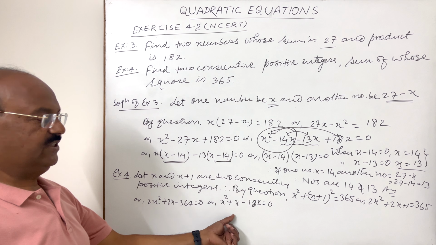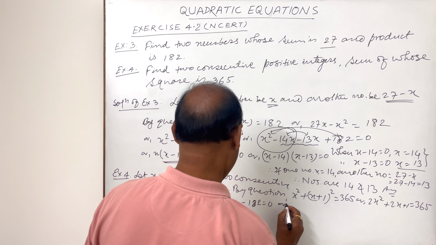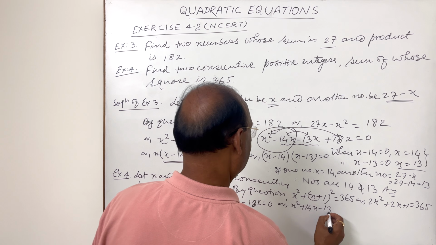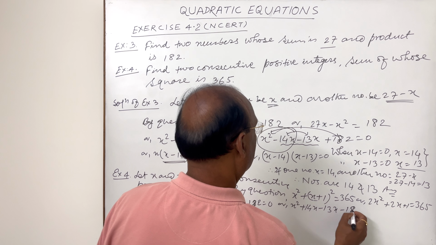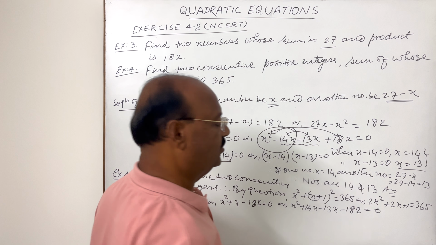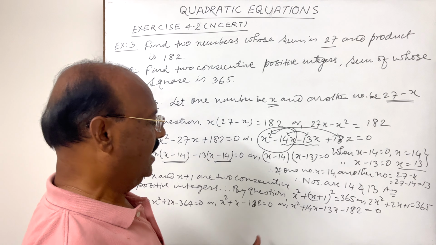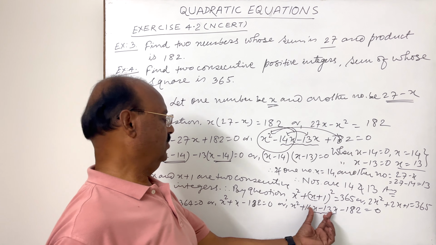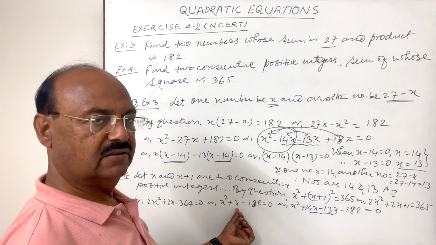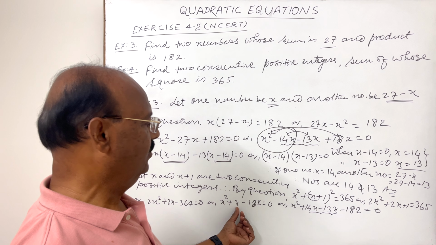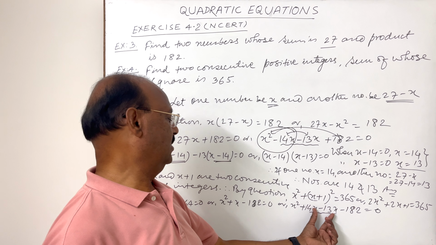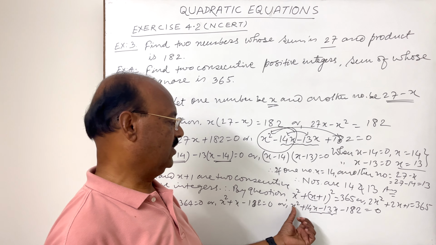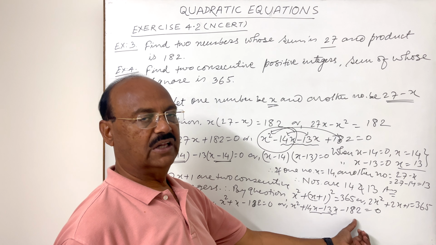Now we will split up this middle term, so we can write x square plus 14x minus 13x minus 182 is equal to 0. Correct? You can check here that the sum or subtraction of these two numbers is x, remaining the same value, and the product of these two is equal to minus 182x square, which is equal to the product of the first and last term.